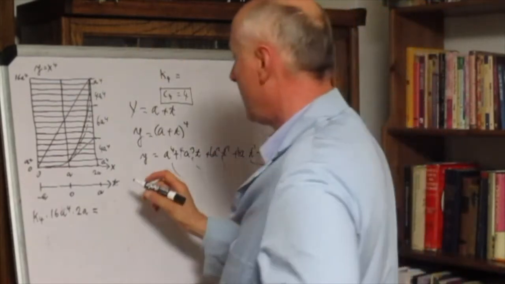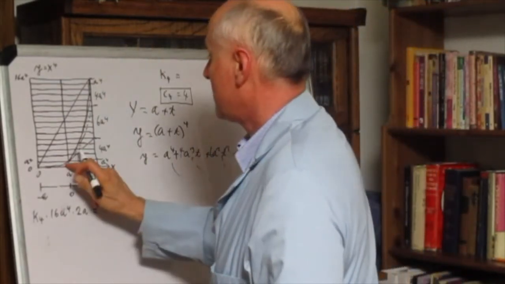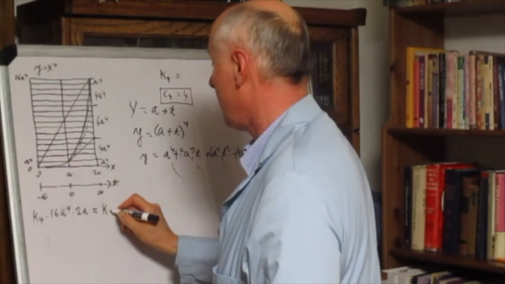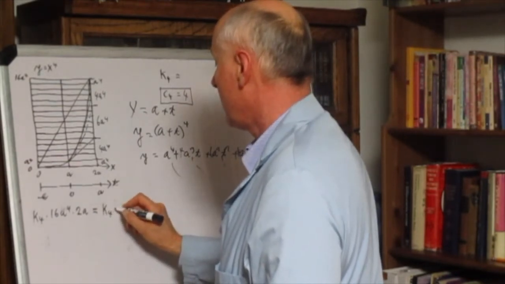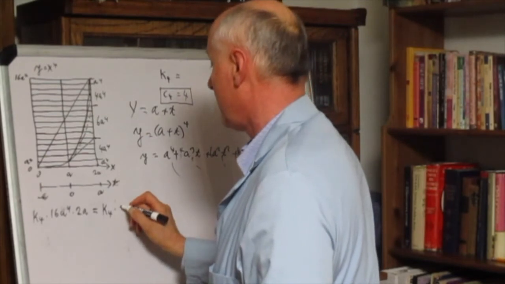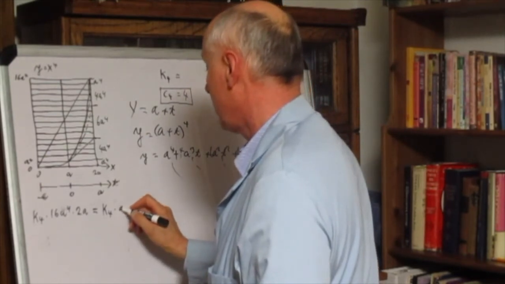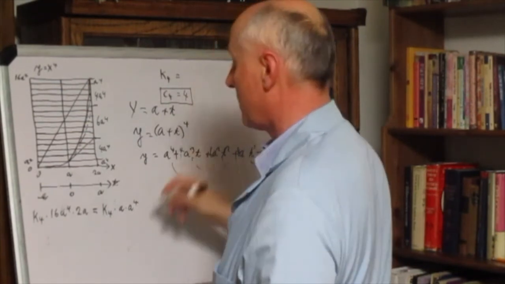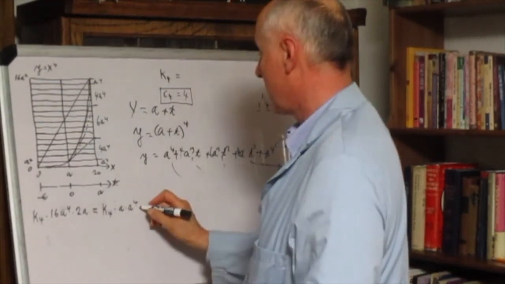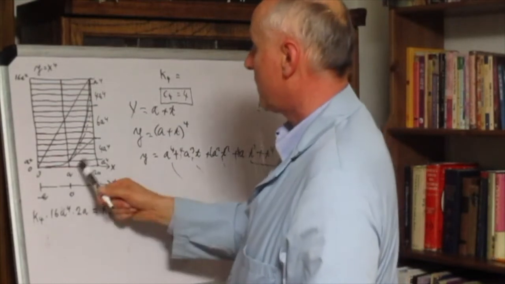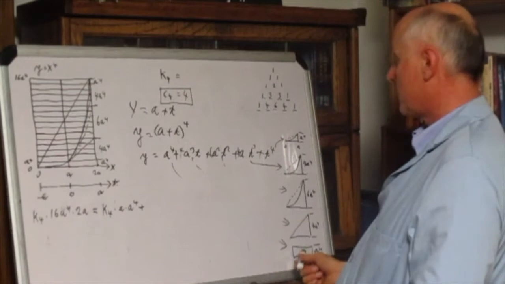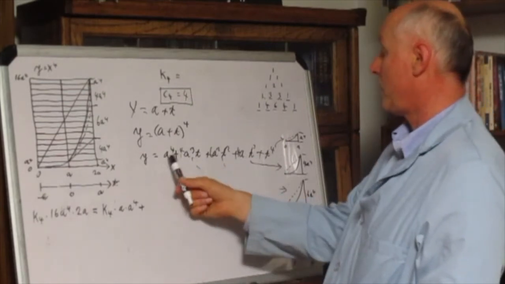So let's add them up. This area here, that's K4, that's our unknown, times base times height. Yeah, a times a to the 4th, or a to the 4th times a, that's the same thing, plus the linear term, which comes from over here.